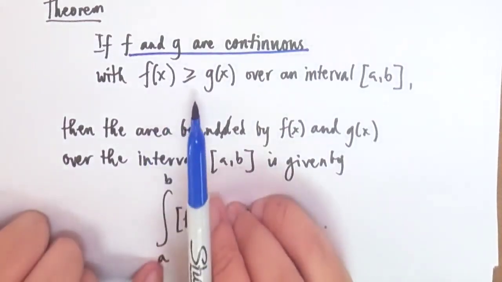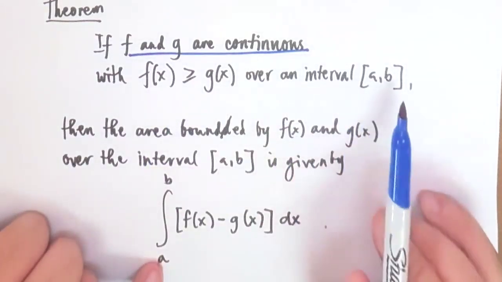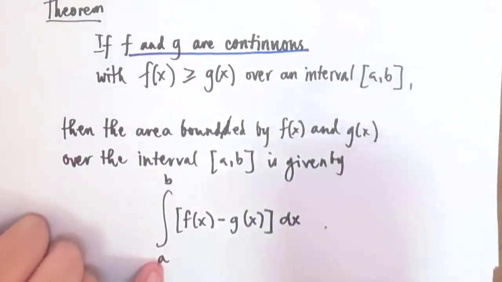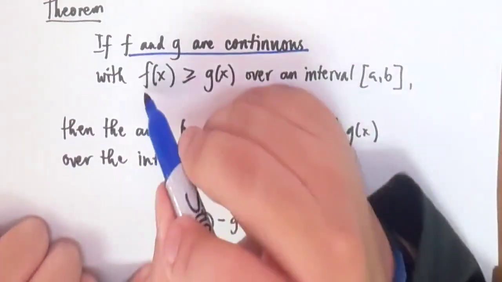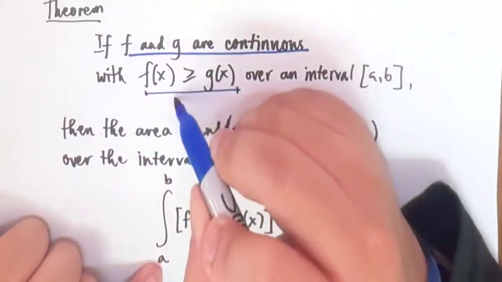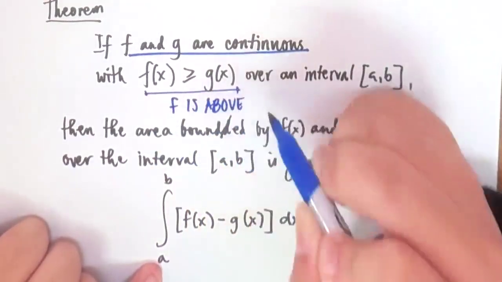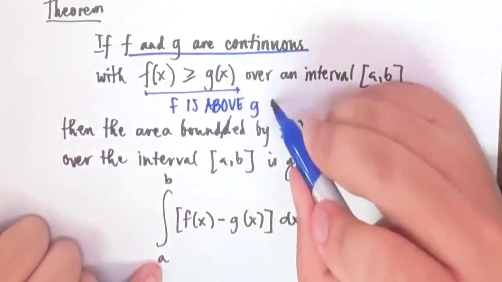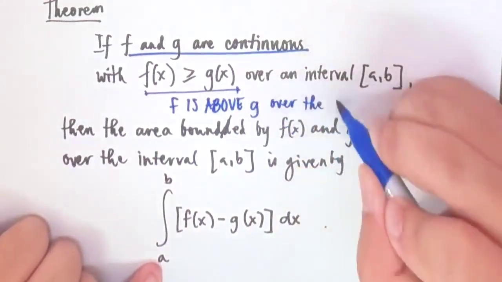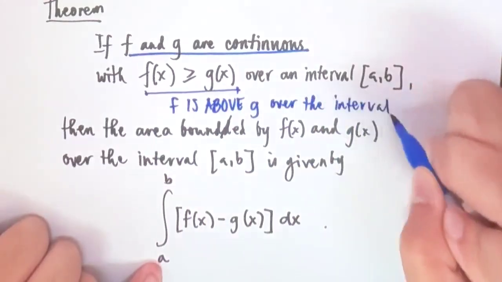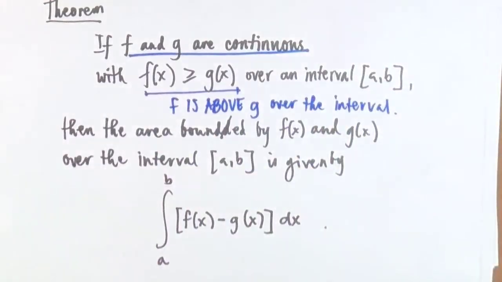With f of x greater than g of x over an interval AB. What does this mean? This means that f is above g over the interval. Okay?